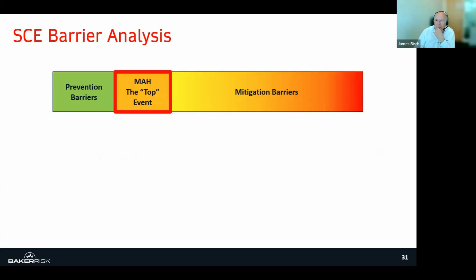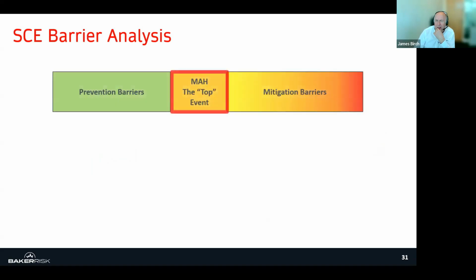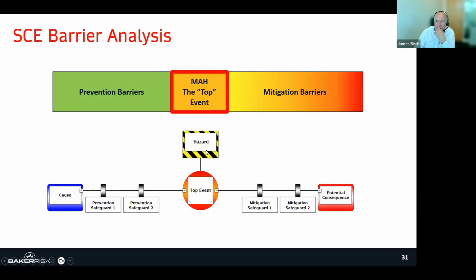So if we balance that diagram into three parts, before we have the incident and after, we can consider that in terms of barriers from the threats causing it and the consequences as the result. And that's often displayed like this. In the middle, we have a hazard, which is, in our case, the flammable hydrocarbon. And the top event is that we lose containment.